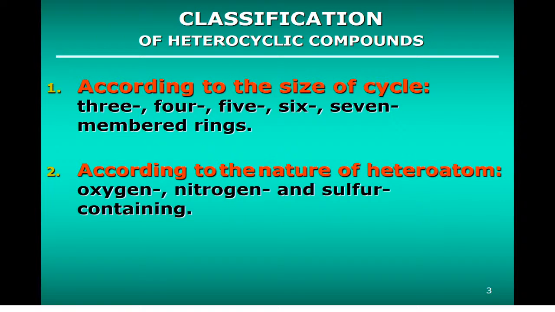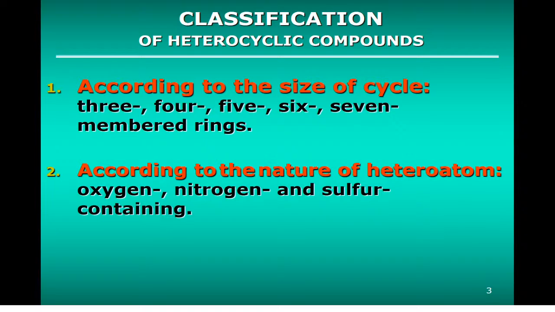First one, according to the size of the cycle. The simplest are three-membered rings, but they are not often found in nature. Four-membered as well, but 5- and 6-membered rings are quite often found in nature. 7-membered rings also can be found, but not in biochemically important compounds.